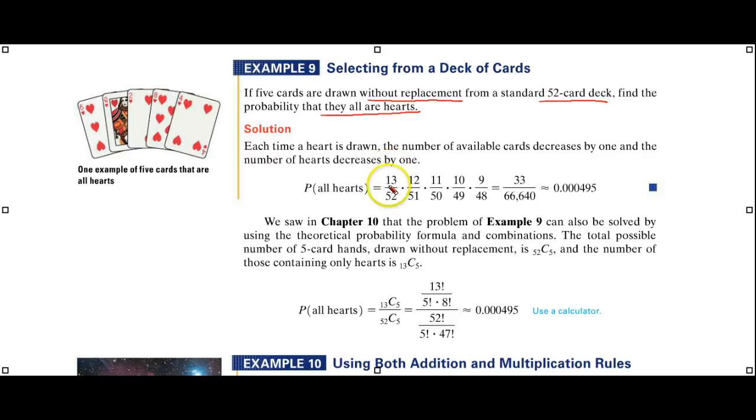Well, in your first choice, you get 13 out of 52. Now that one has been selected, there's 1 fewer card in the deck. There would be 12 out of 51. Again, 2 fewer cards, 11 out of 50, 10 out of 49, 9 out of 48.